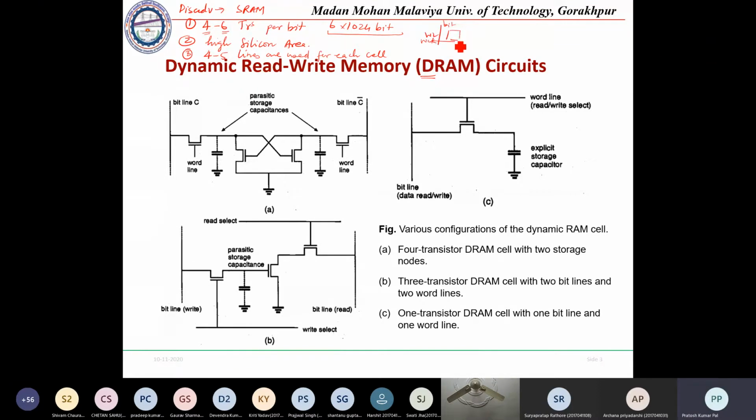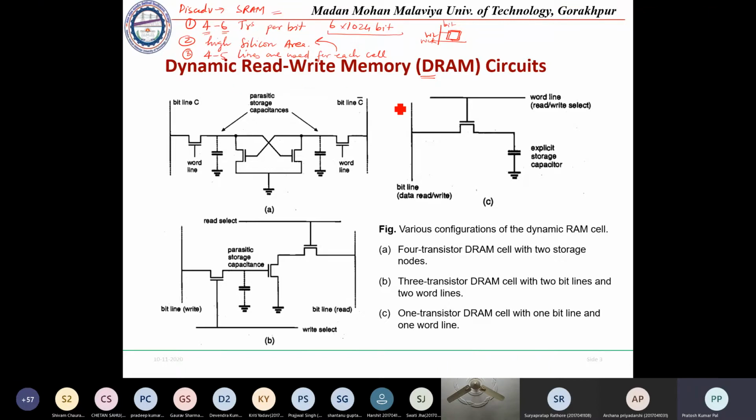Different word lines and bit lines are used, around 4 to 5, to communicate, operate or control a single bit memory structure. So this is also leading to a higher silicon area requirement. We should be avoiding this type of disadvantage of SRAM.